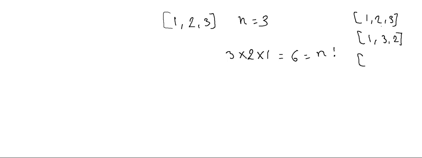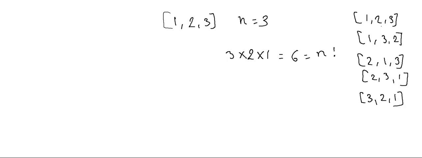And now I'm going to have 2 in the first position, and here I can have 1, 3 and then 3, 1, 2. Now in the first position I'll have 3, so here I can have 2 and 1, and I can have 1 and 2. So there are a total of 6 permutations.